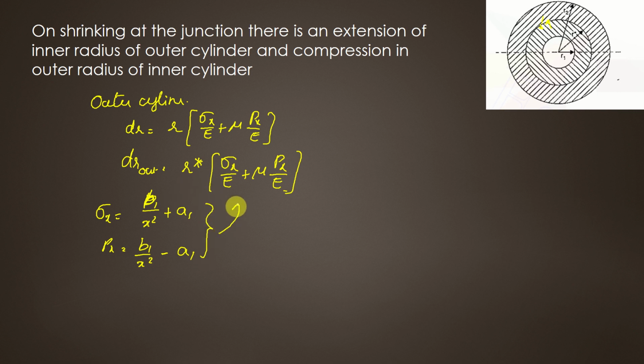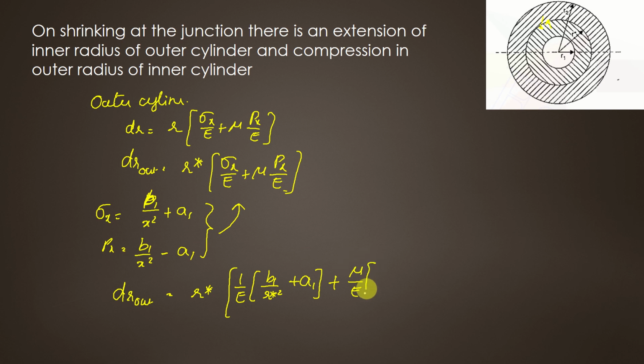Let us substitute these two here. dr outer will be r star into 1 by E into b1 by r star square plus a1, in the place of x I substitute directly r star at the junction, and mu by E in the place of px, b1 by r star square minus a1. So that is what we have now.